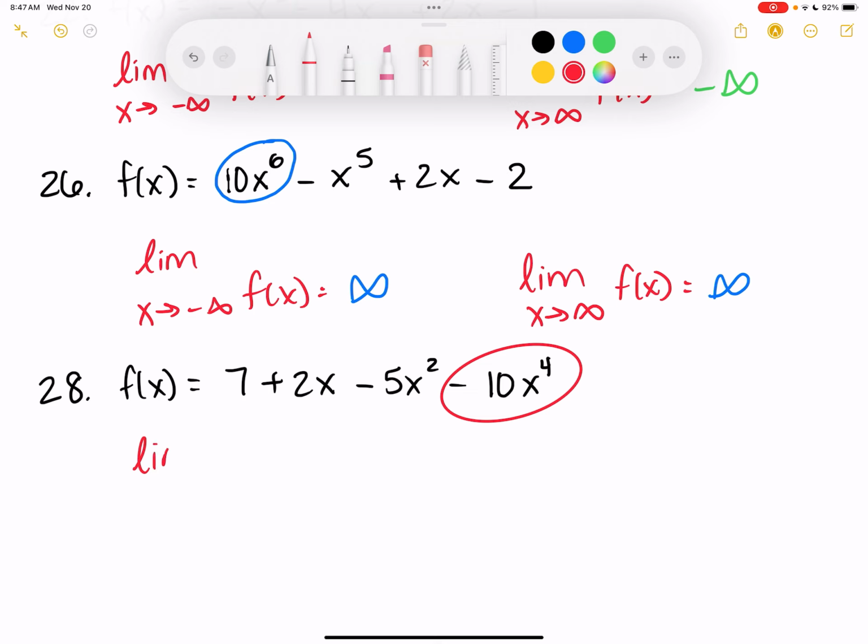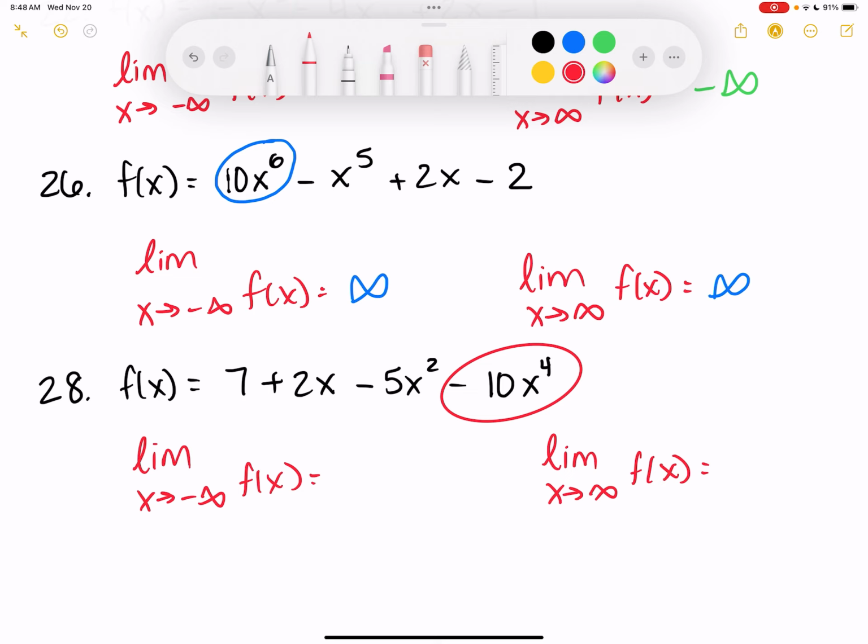So the limit as x approaches negative infinity of f of x and the limit as x approaches infinity of f of x. So if I plug in a negative number and raise it to an even power, what happens? It's positive.